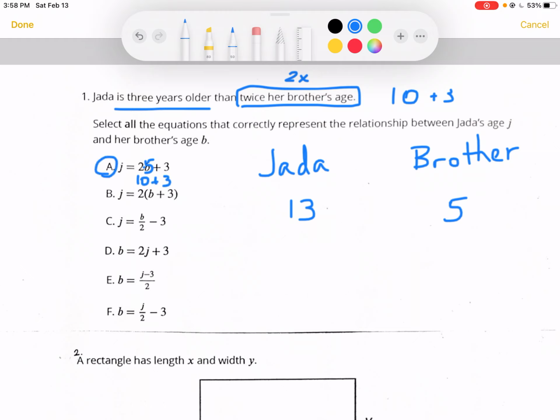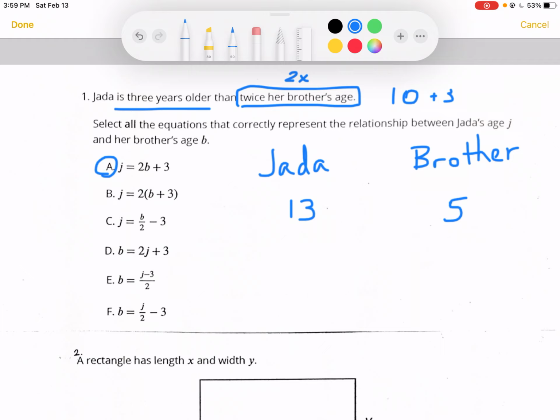So I believe that A is a good equation. A is the one that should jump out at you: twice the brother's age plus 3. That goes with what the problem says. As we go through these, we'll test each one and see how many of them work out.